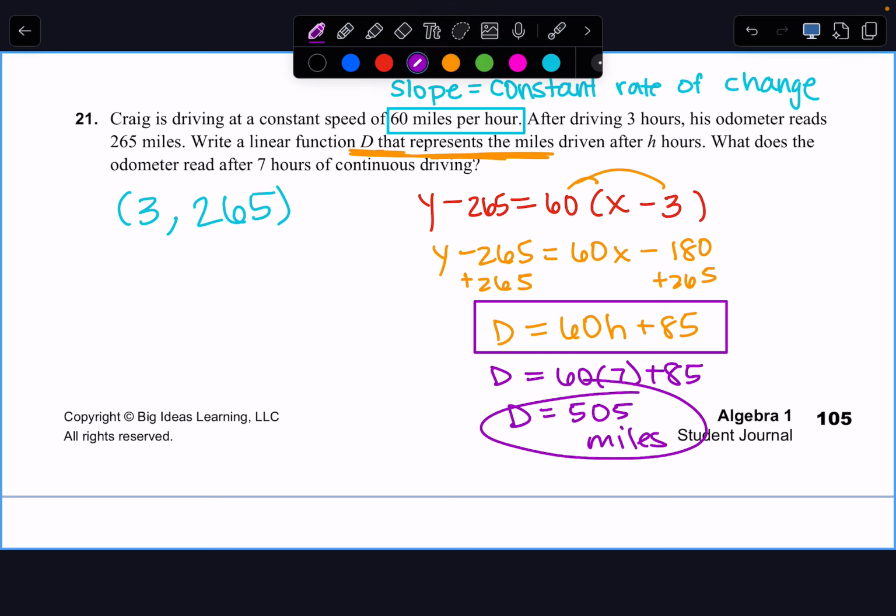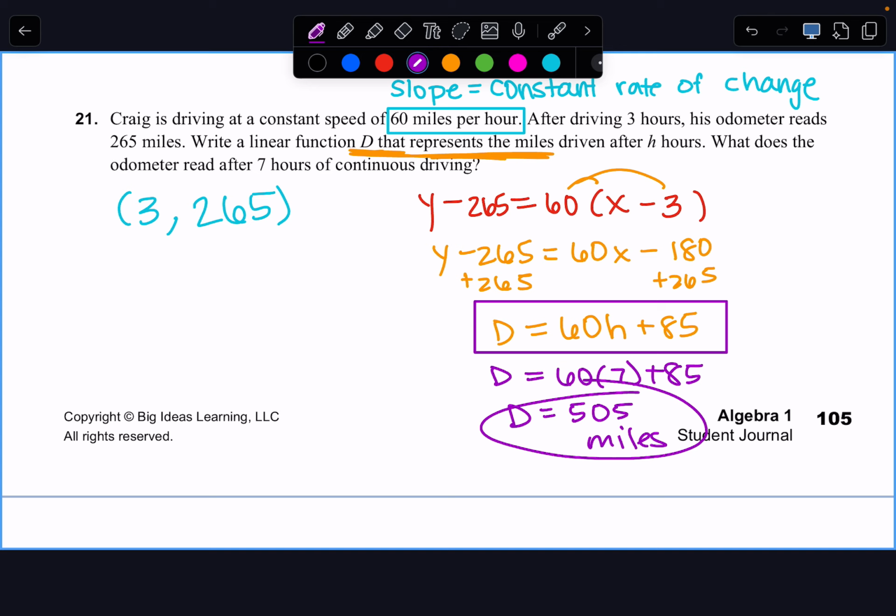Okay, so our slope is always going to be our rate of change. Looking at that problem, the speed is a rate. I knew that that was slope. Then y and x we have to figure out right here. A linear function d representing the miles driven after h hours.